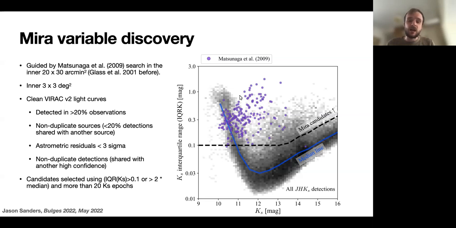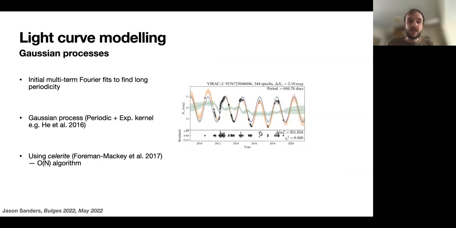And you can see most of them, or nearly all of them, have KS interquartile range greater than 0.1 here. So that was used as an initial cut to generate a sample of stars that were worth looking at as likely Mira candidates.